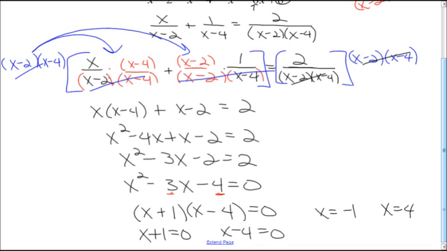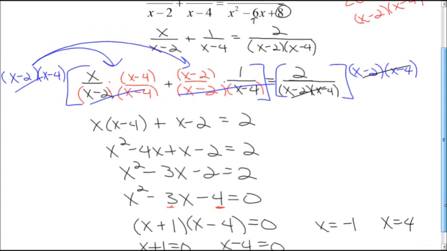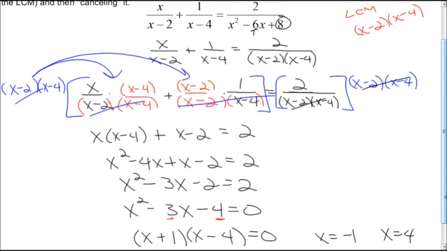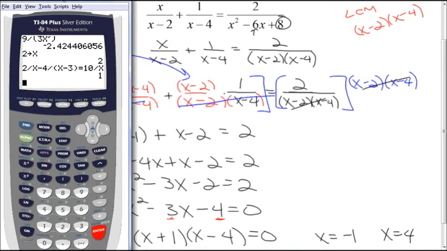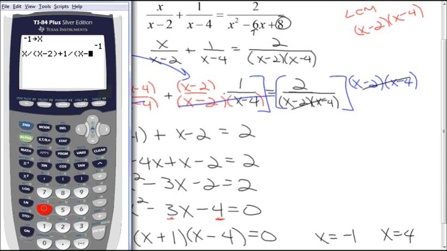Okay? So the only piece left for me is to use my calculator to see if either of those values are extraneous. Okay? So I will do negative 1 store x, and we shall see how that works out when I do x divided by the quantity x minus 2, so you need parentheses, right, plus 1 divided by the quantity x minus 4.